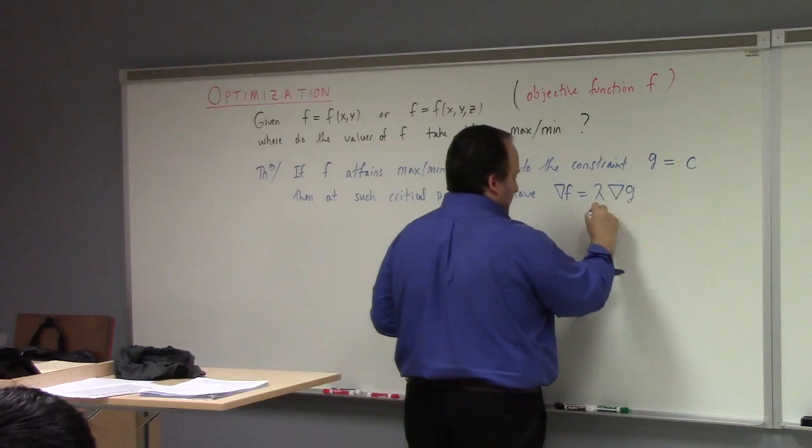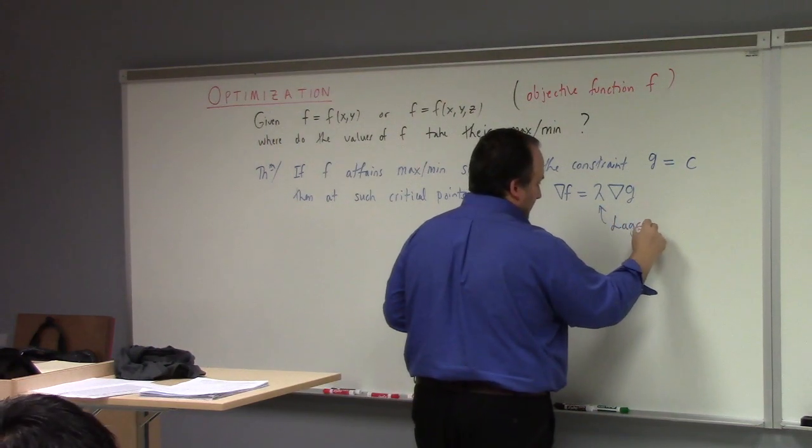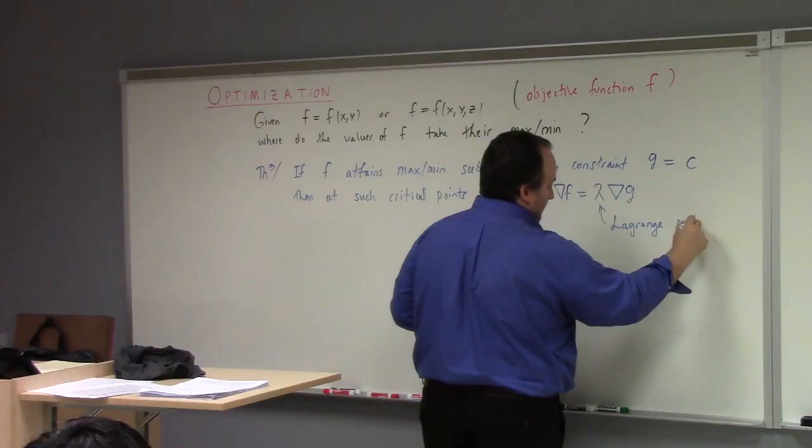And this lambda here is the so-called Lagrange multiplier. It's just a scalar.